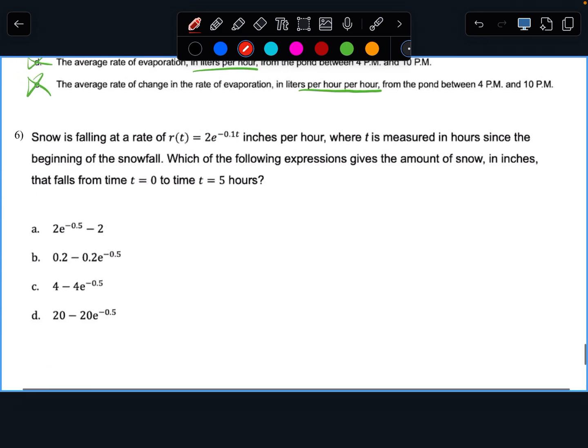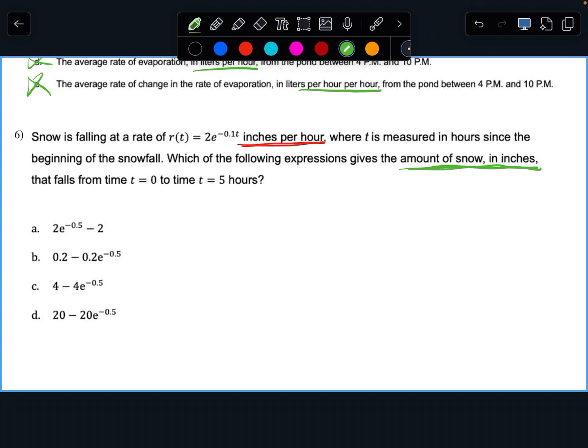Okay. This one, snow is falling at a rate of blah, blah, blah inches per hour, and t is measured in hours since the beginning of the snowfall. Which of the following expressions gives the amount of snow in inches from the time t equals 0 to time t equals 5? Okay. So essentially, if we have inches per hour on this thing, and I want straight up amount in inches, we're going to be looking at an antiderivative, right?